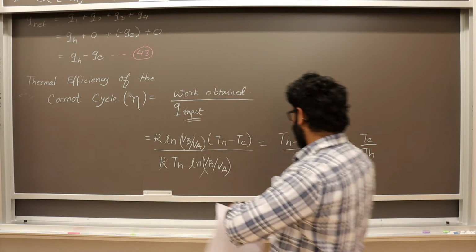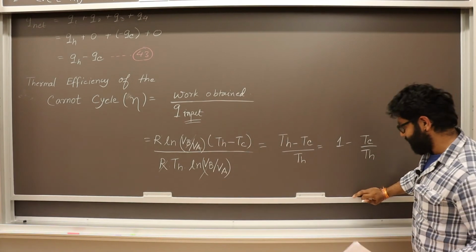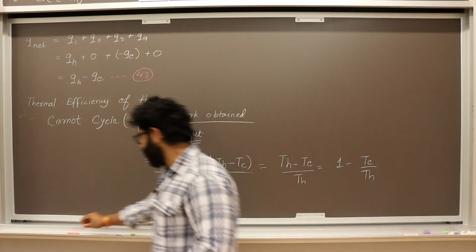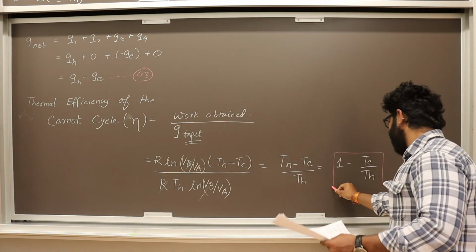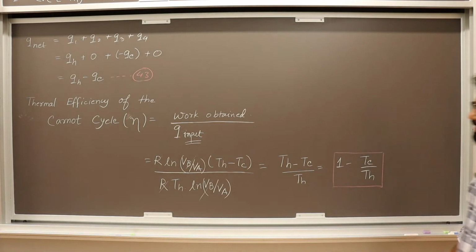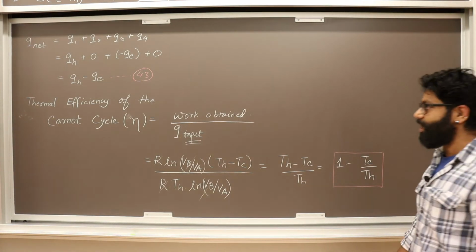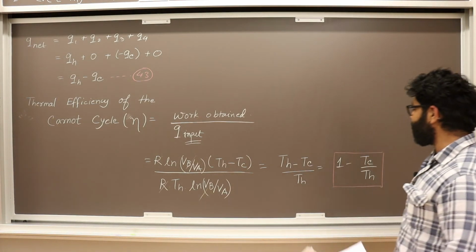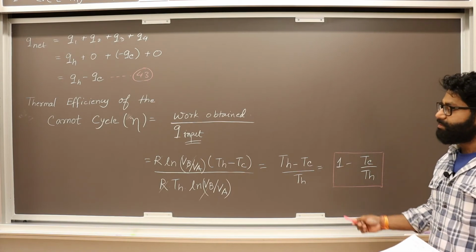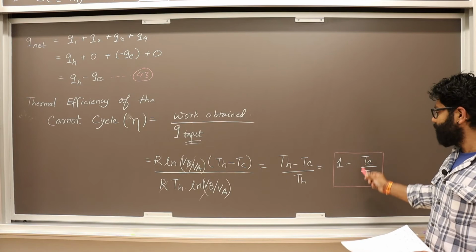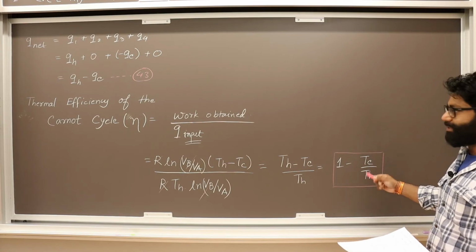So now when we have calculated this, it becomes really important, because now we can understand certain things about the thermal efficiency of the Carnot cycle. We now understand that this efficiency cannot be more than 1. For this to be 1, T hot and T cold would have to be the same, right?